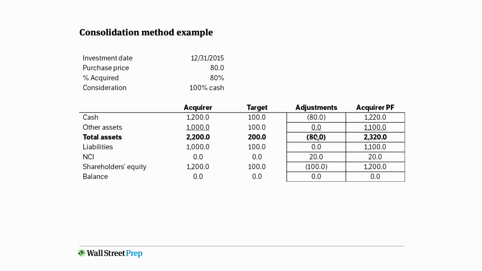The key takeaway here is just understand that unlike the other approaches where you are not reflecting control of the business, here you're lumping all the assets and liabilities together, and you reflect the portion that you don't own as this sort of equity item. It really sits between liabilities and equity as a line item that represents equity owners in the business that aren't you, the common equity shareholders.